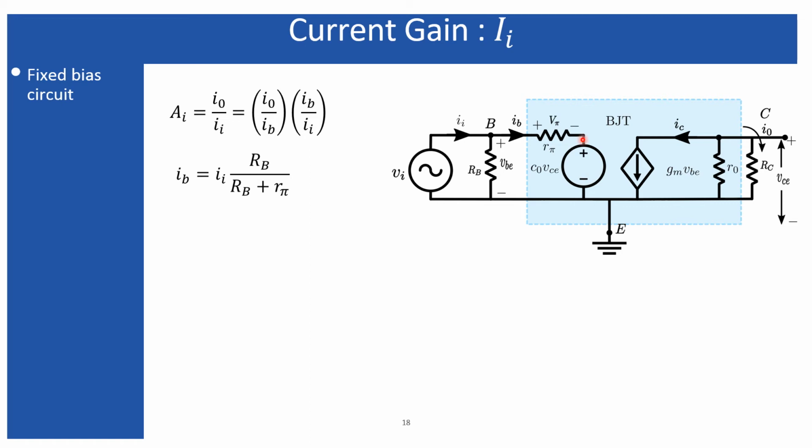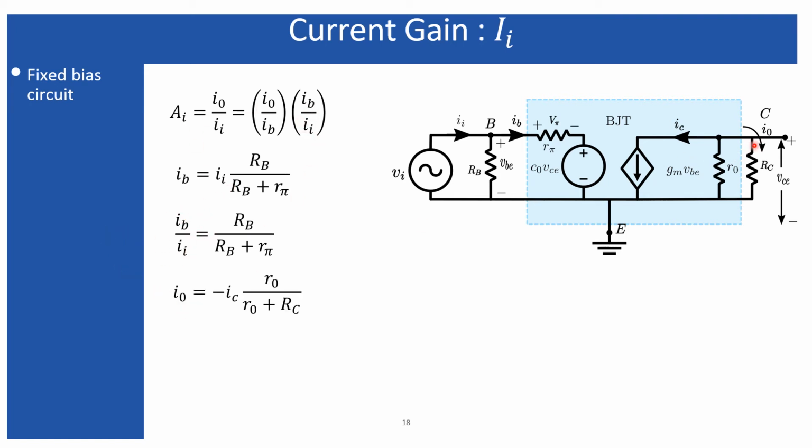Therefore, a short circuit will be placed across this, and finally, the simple current divider rule will give this base current. So the base current, which is derived from the input current II, is equal to the input current times this RB divided by RB plus R pi, and this expression defines this ratio.